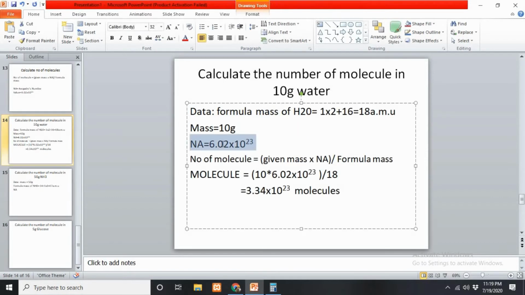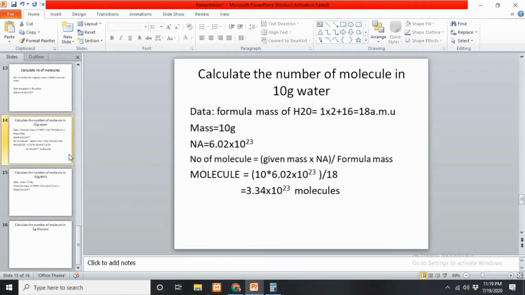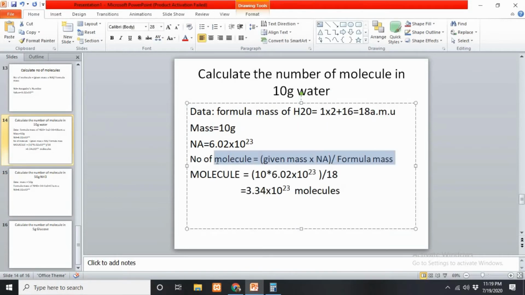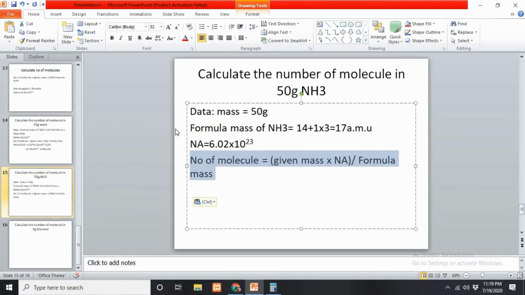The next thing is the Avogadro number. That is always the same, it's a constant value, 6.02 × 10^23. Just copy it and paste it over here. The formula that you have to use is number of molecules is equal to given mass into Avogadro number over formula mass. Just copy and paste over here, the formula is the same.